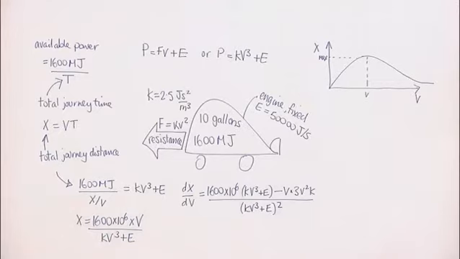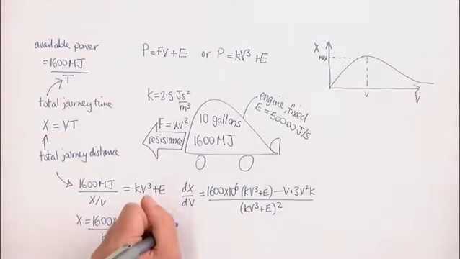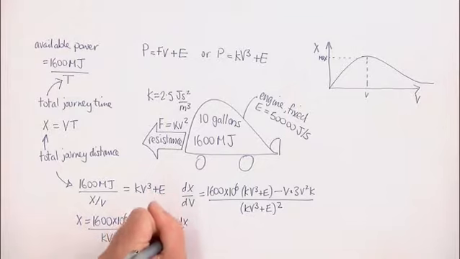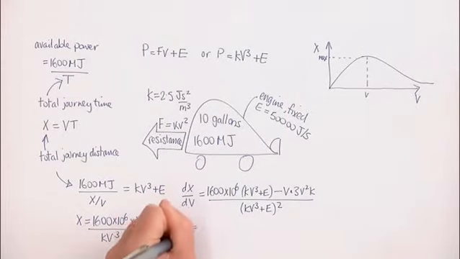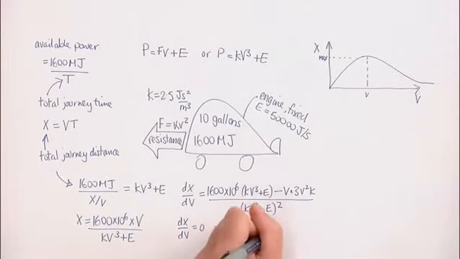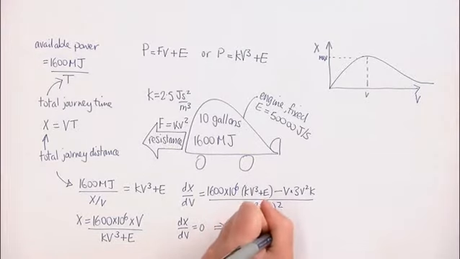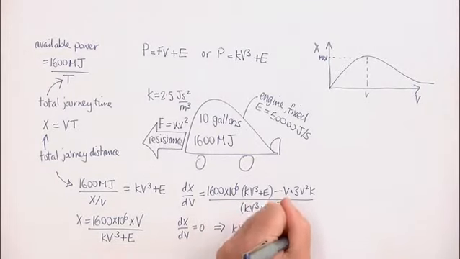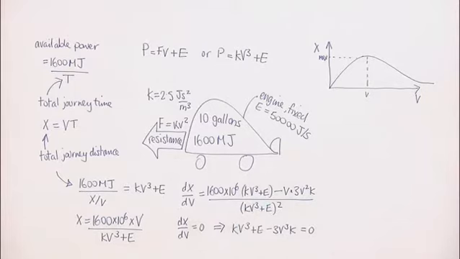So we've differentiated it, now we need to set it equal to 0. When dx by dv equals 0, it's the same as this expression being 0. So that's kV cubed plus E minus 3V cubed k equals 0.